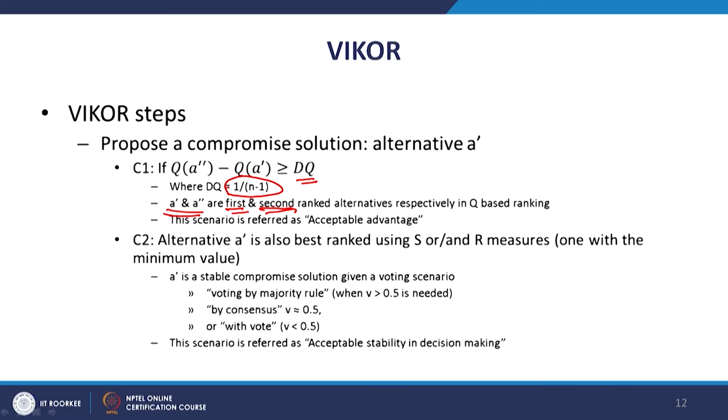This difference is being checked so that there is an acceptable difference between the best alternative and the second best alternative. Only then should the best alternative be accepted as the best in the list.